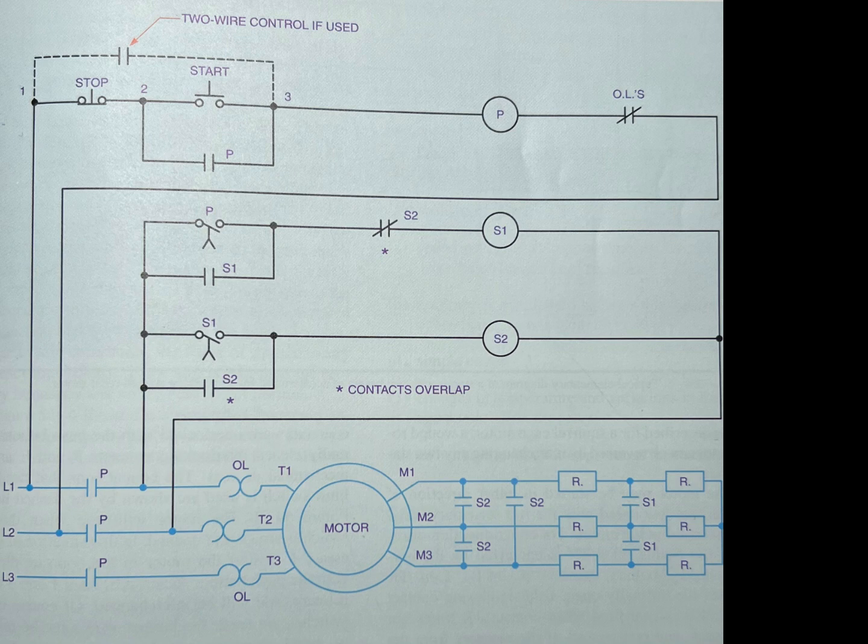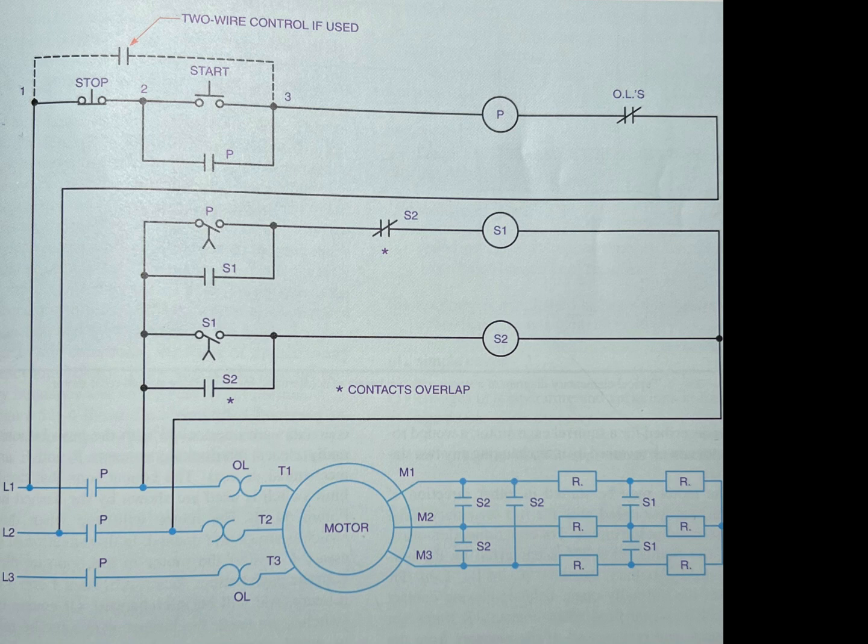When contacts S1 in the secondary resistor circuit close, the motor continues to accelerate until the normally open delay-in-closing contact S1 times out and closes. Contactor S2 is energized and closes the resistor circuit contacts S2.